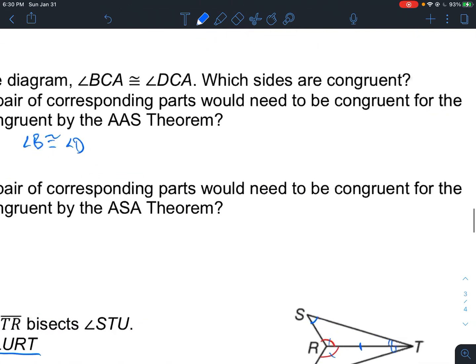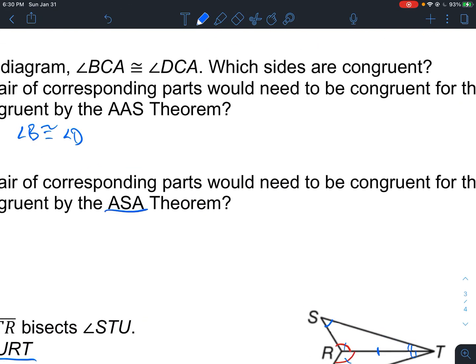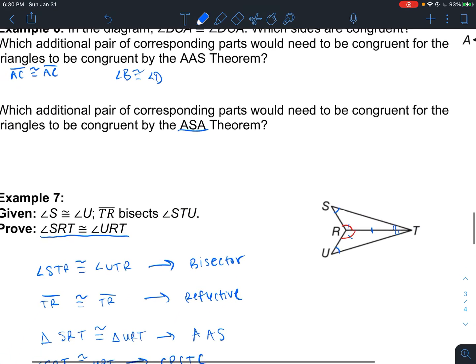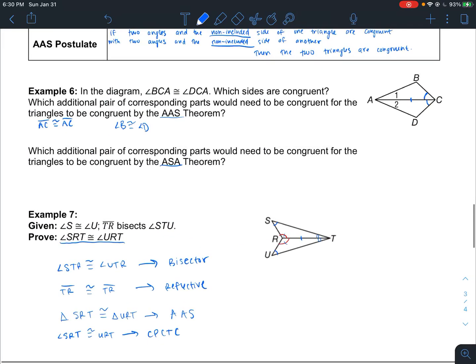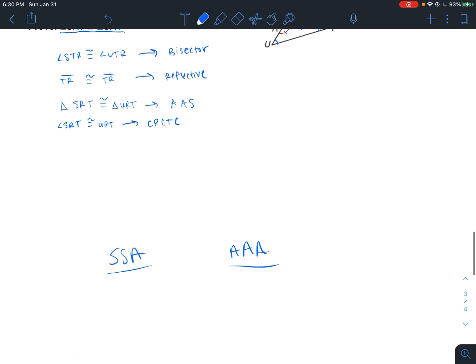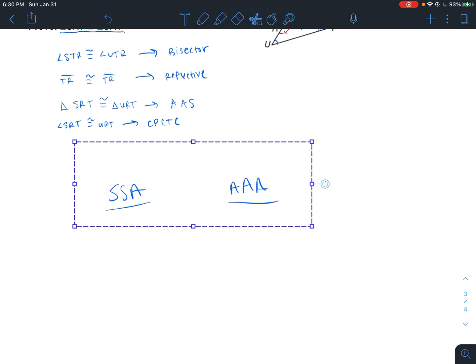Also, I just realized that these are not the same statements. This says angle side angle, and this says angle angle side. So if you wanted to go back and review this part right here, go for it. But to end this video, I just wanted to quickly go through these statements.